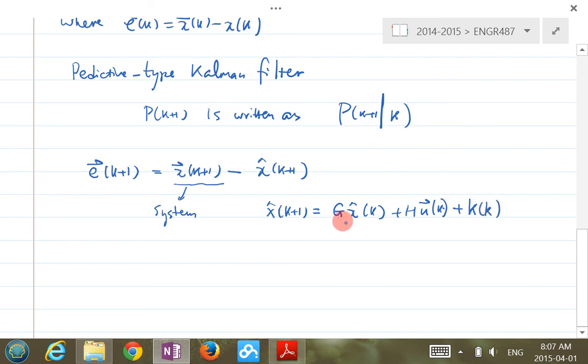So it's equal to the system matrix, no difference, and then we use a feedback gain. You can call that the observer gain, or here we call it the Kalman filter gain.